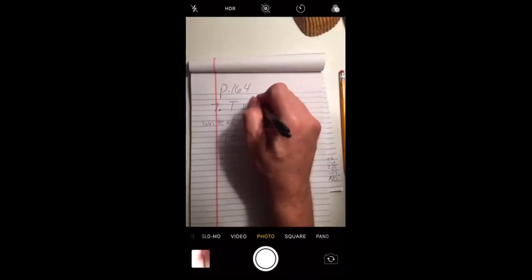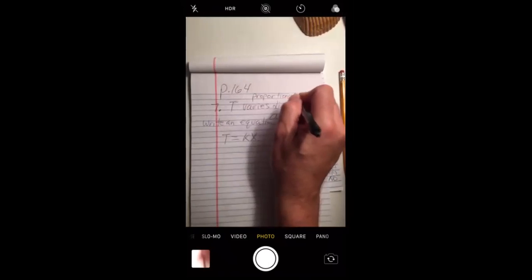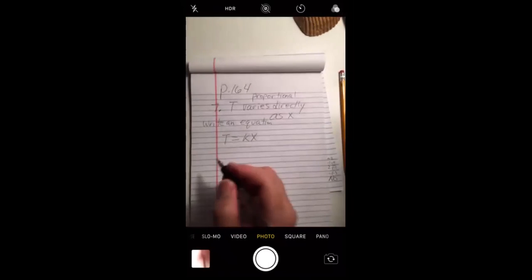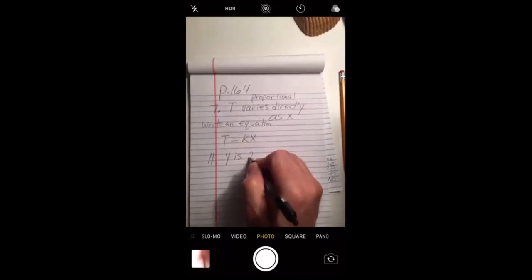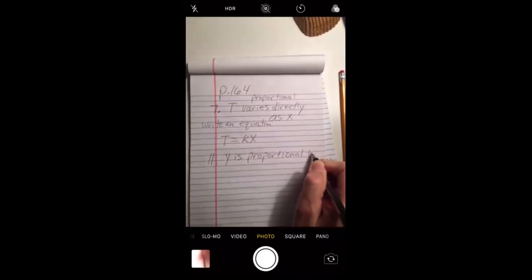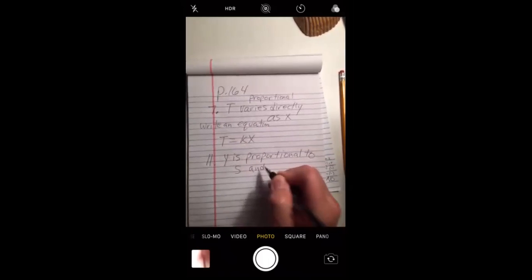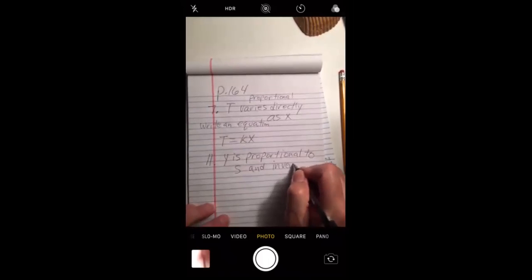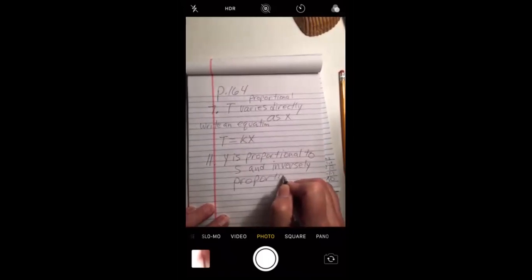Oh, okay, further down, they start to use the word proportional for direct. So like number 11, y is proportional to s and inversely proportional to t.